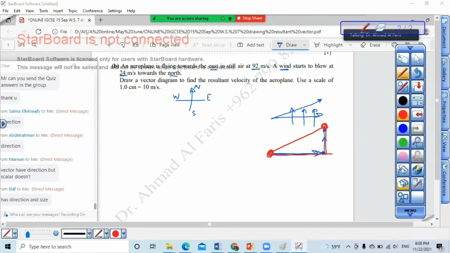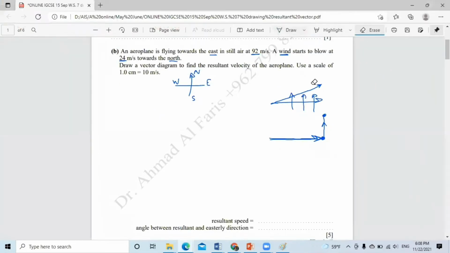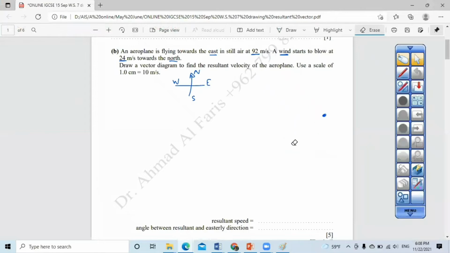Okay, تمام. So كيف بدي أحل هيك سؤال? How can I solve this question? First of all, I have to look at the areas that I have to draw it, because I'm talking about two vectors, one to the right and one upwards. So I'll start from the left corner down here and go to the right corner up.